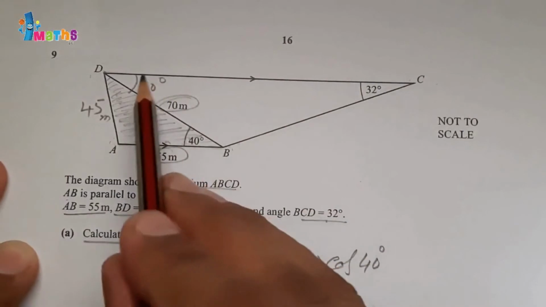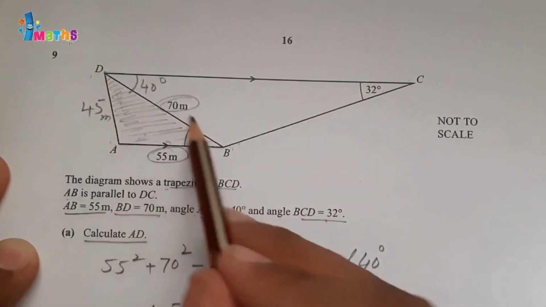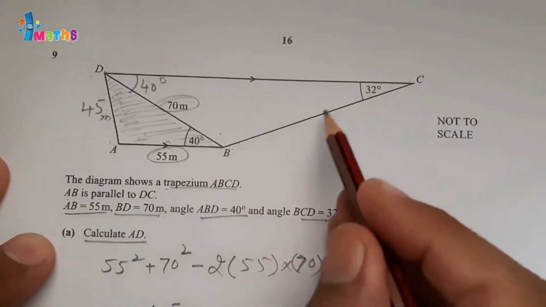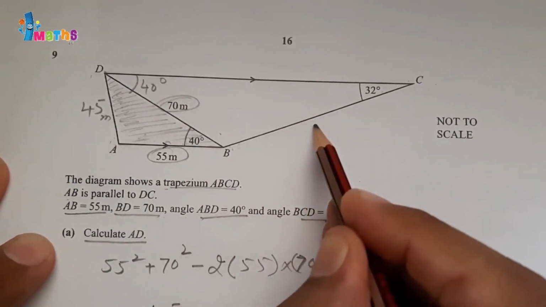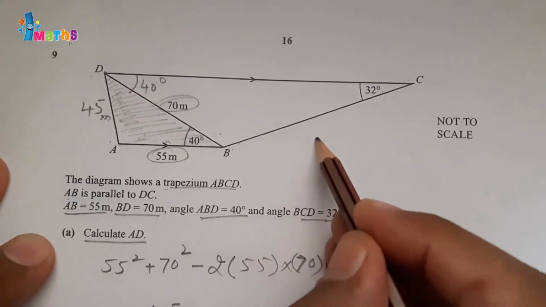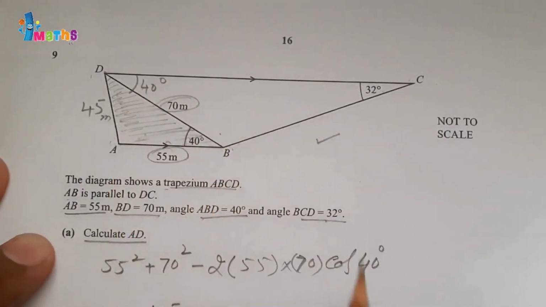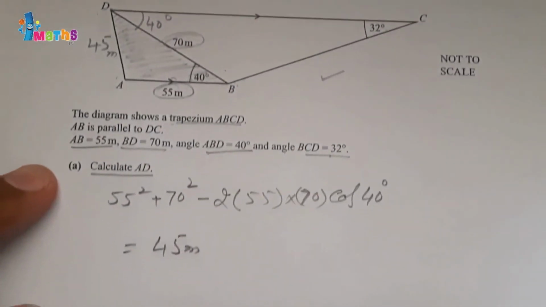Now we have two angles and one side, so we can use sine rule in this case, and we need this length, so this side we will be using, and which is BC over sine 40 will be equal to 70 over sine 32.